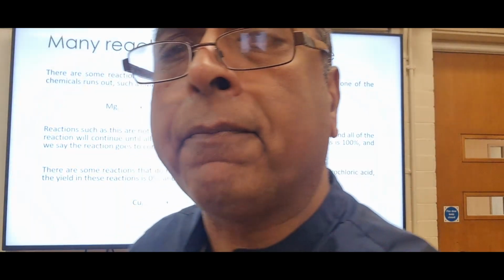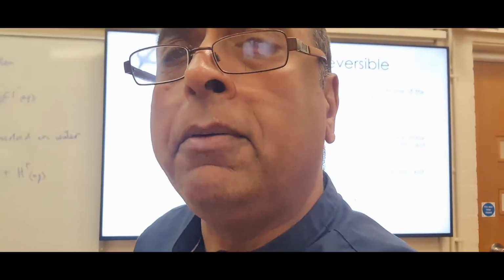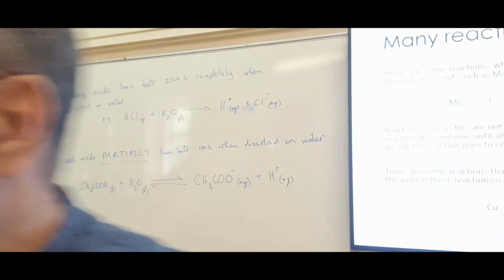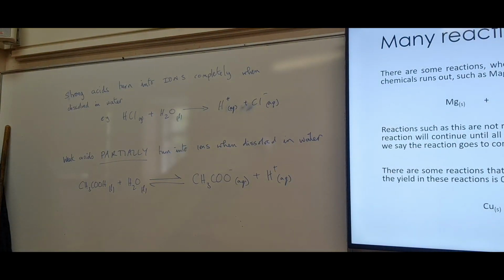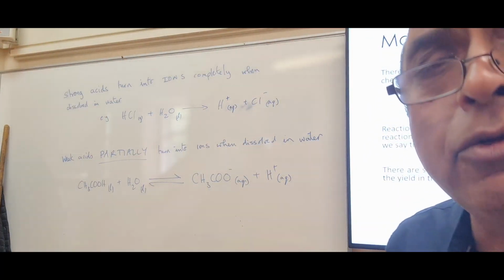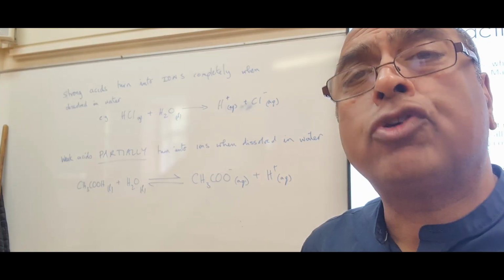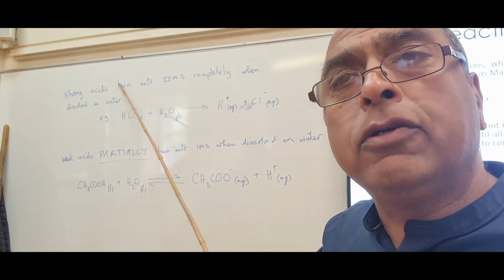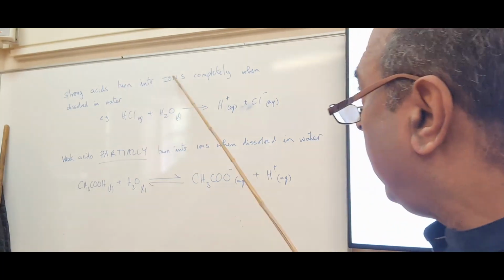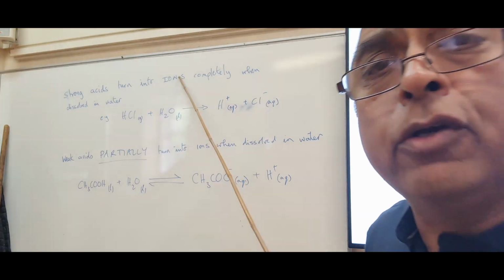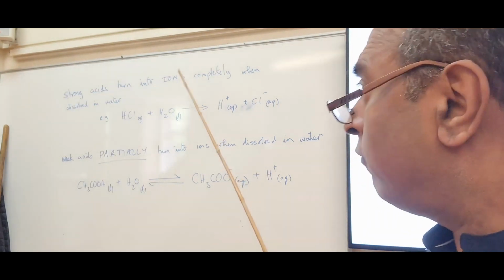I was thinking about what experience you had, and I think I'd like to draw your attention to the experience you should have from the topic normally done in year 10 on strong and weak acids. Now here, strong acids, you should have learnt in the acids topic, are acids that turn into ions, and they turn into ions completely when they're dissolved in water.